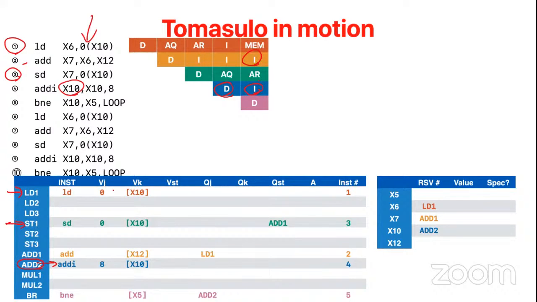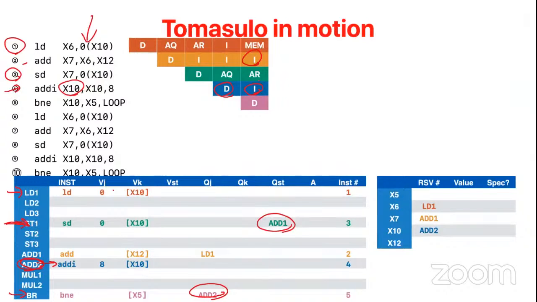So we have a place to find the generated X10 values, and all the follow-up instructions that depend on the outcome of 4 will be using the add 2 reservation station, like this store instruction, whose source is now coming from add 1 as well, right? So like the later branch instruction, we will rewrite its input as add 2 instead of X10. So the value is not missing at all, right?